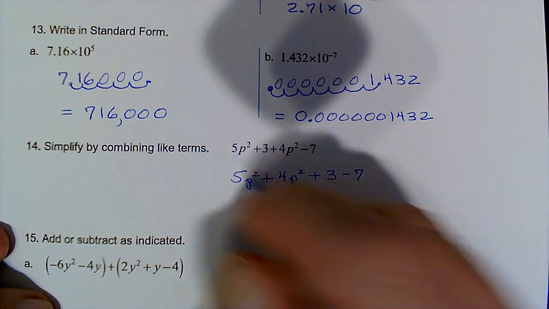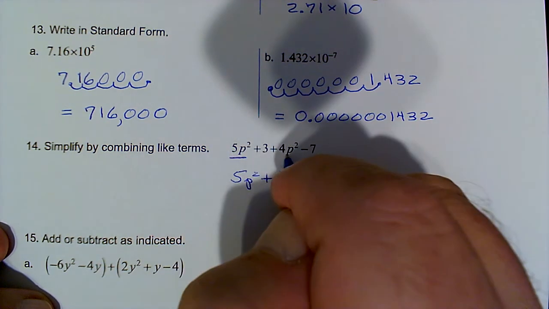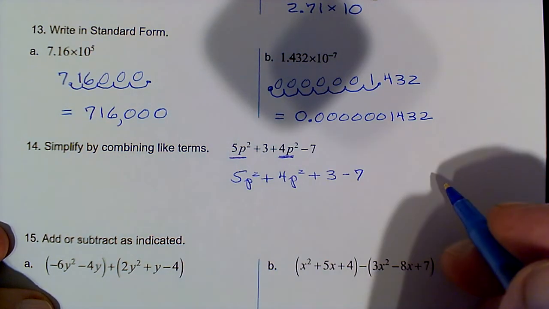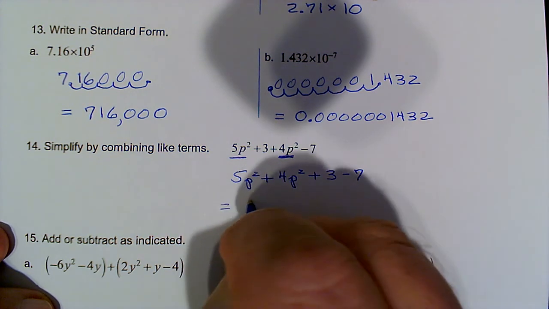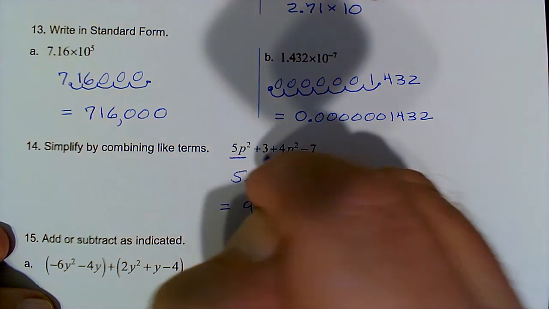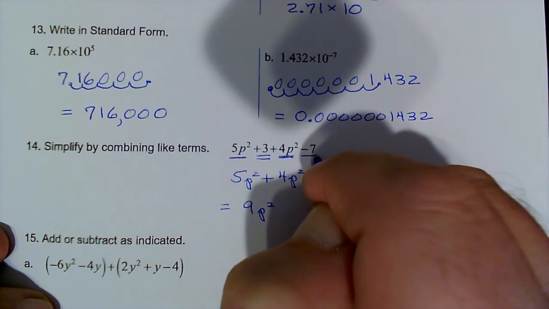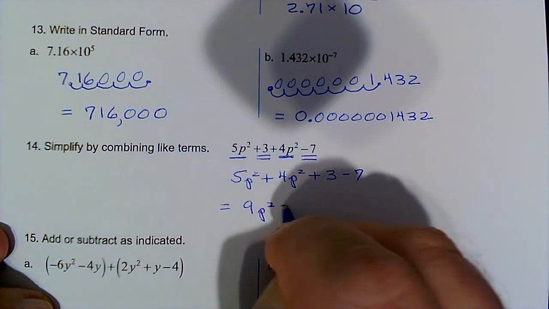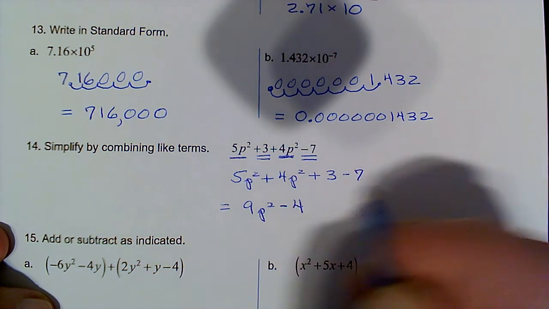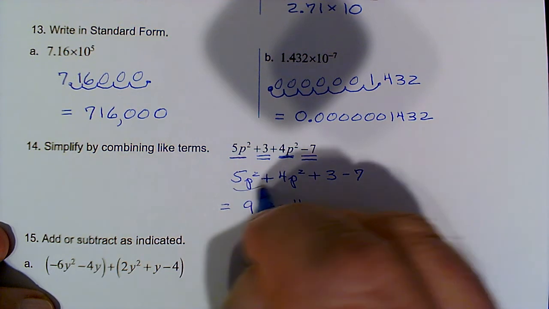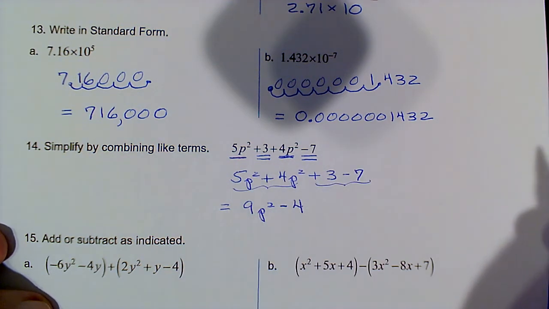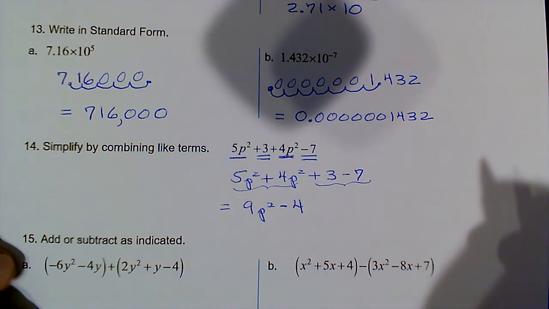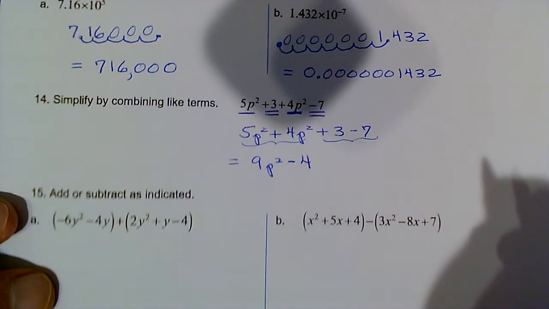Or without that step, you could just simply, I like to do the underlining method. 5p squared plus 4p squared would give us 9p squared. And then positive 3 combined with the negative 7 would give a negative 4. So you can see that's the same thing obtained if you do the little grouping method. So either way, whatever you're more comfortable with.